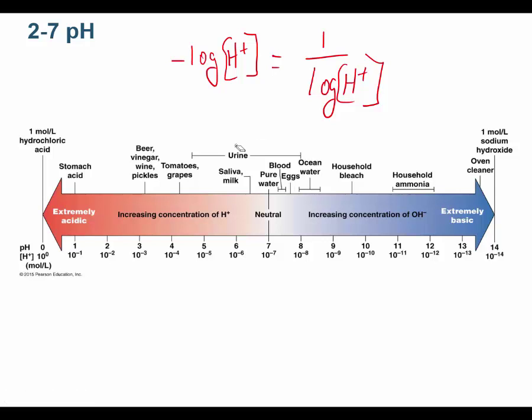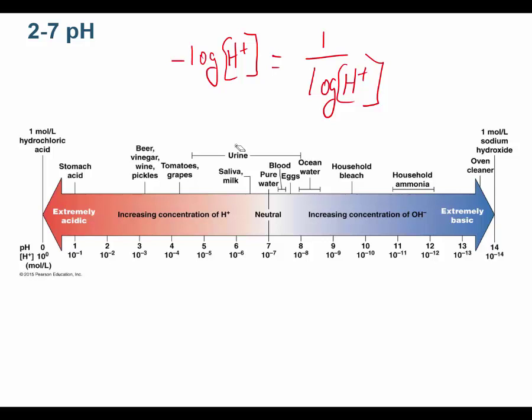It's the denominator. So that's why the pH scale is a little bit counterintuitive. The lower the pH, the more acidic. The higher pH, the more basic or less acidic, you could say. The pH scale runs from 0 to 14, 0 being the most acidic you can be, and 14 being the most basic you can be. So that's the pH scale.